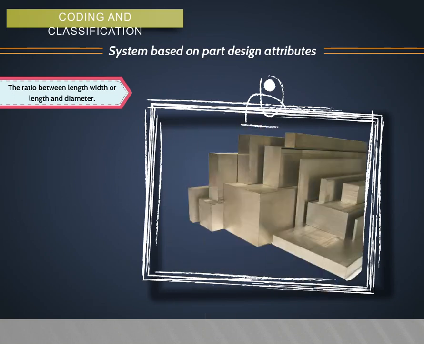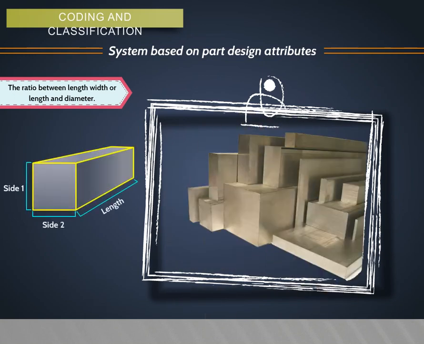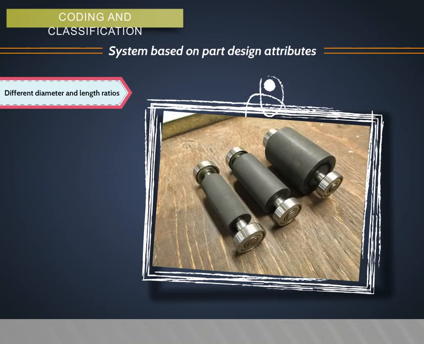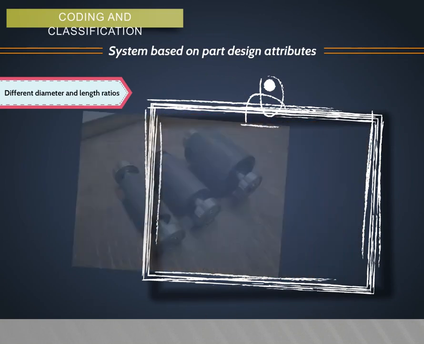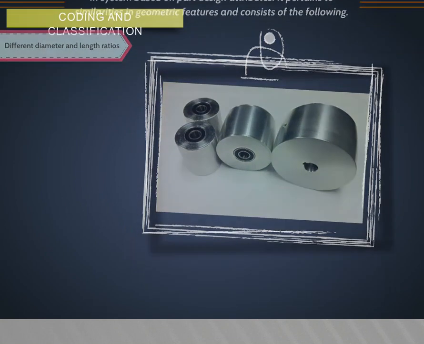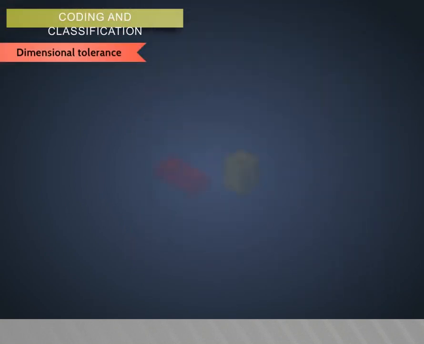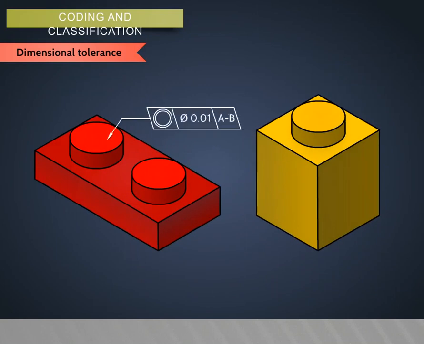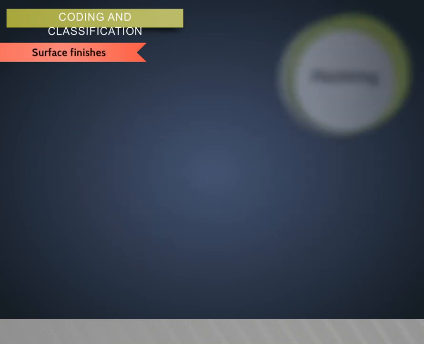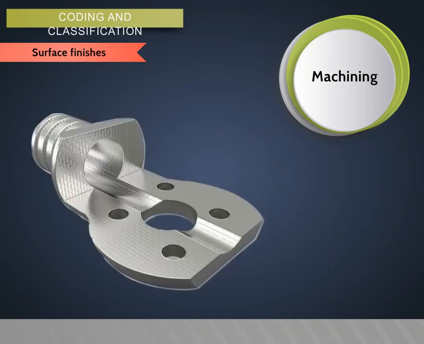The ratio between length width or length and diameter. Different diameter and length ratios. Dimensional tolerance. Surface finishes. Example, machining.